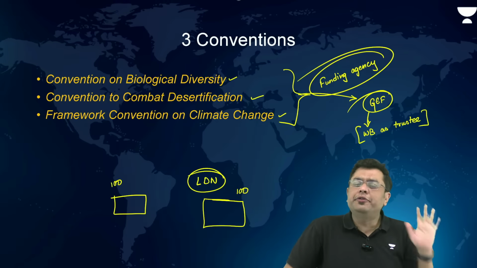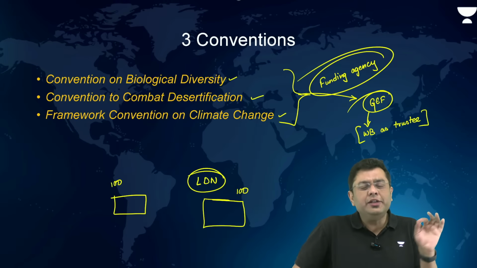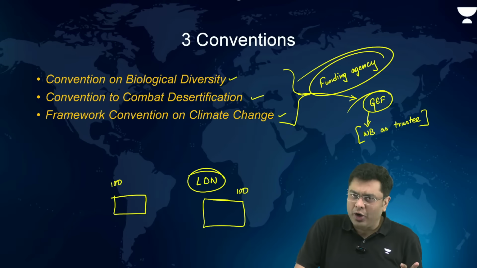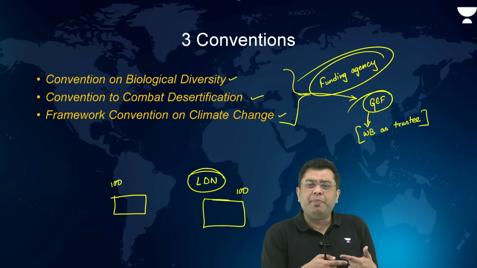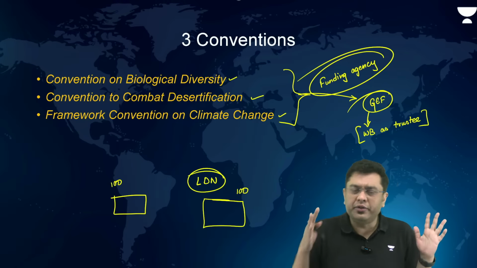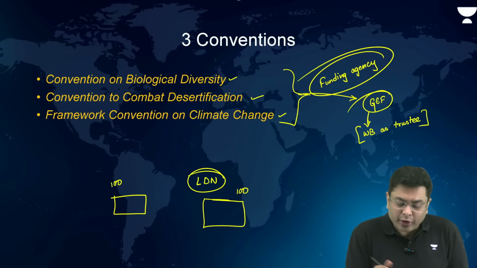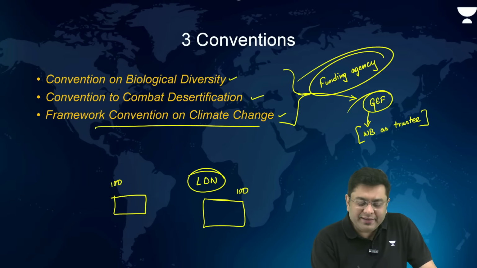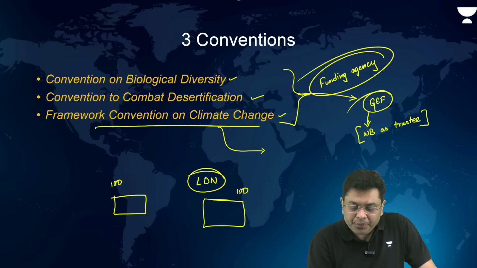Here the conference of parties for UNCCD tends to happen every 2 to 3 years. So is the case with Convention on Biological Diversity. The conference of parties is held every 2 to 3 years here as well. But in the case of Framework Convention on Climate Change, the conference of parties is held annually. Annual COP.